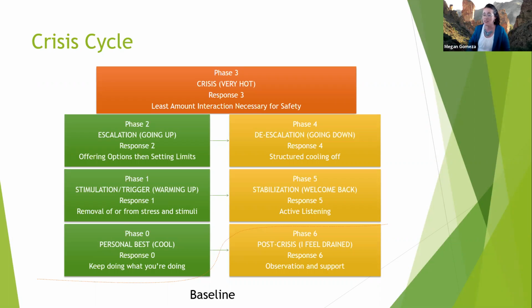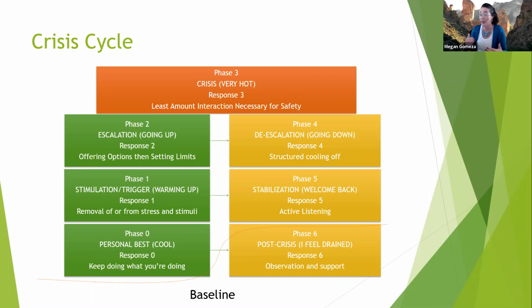So this crisis cycle, I have worked in this when I've been able to effectively use it. Offering options and setting limits is my favorite skill out of this, because going from personal best to the reaction to a stimulus or trigger can happen so fast, and we're often in situations where we can't remove the stimulus or trigger, that offering options and setting limits is one of my favorite things to do.